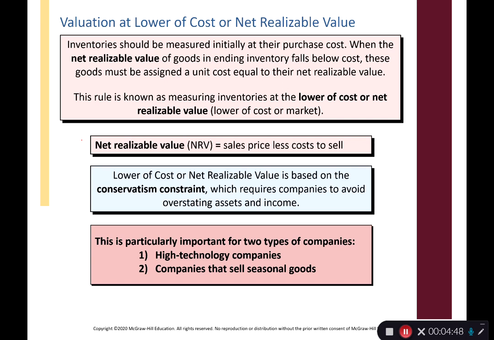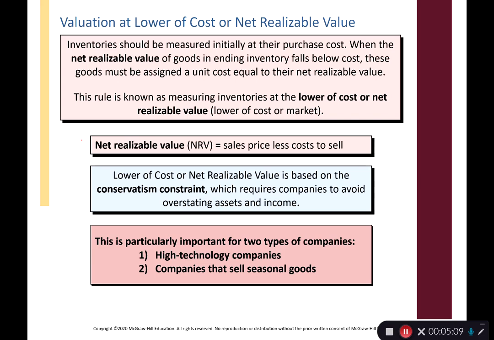So what's the point? The point is, as technology changes, older technology becomes obsolete and is useless. It has no value. So if we have a whole bunch of that older inventory on hand, we need to consider the fact that it may not be sellable anymore, meaning we're not going to be able to sell it. So we need to record the loss on that old inventory now.